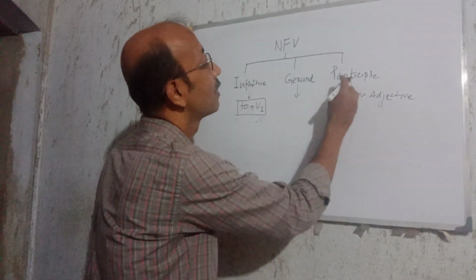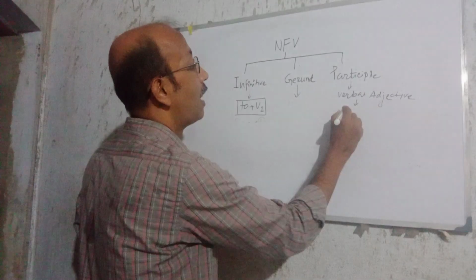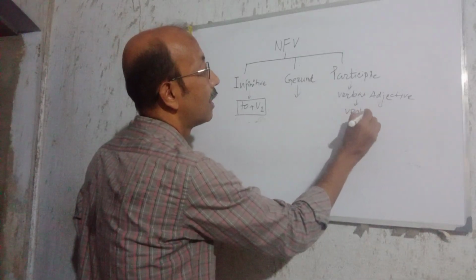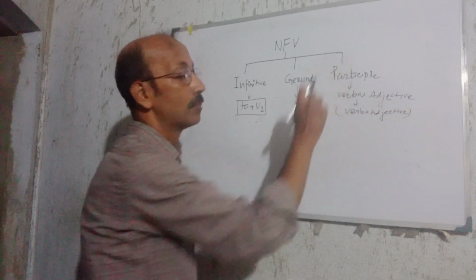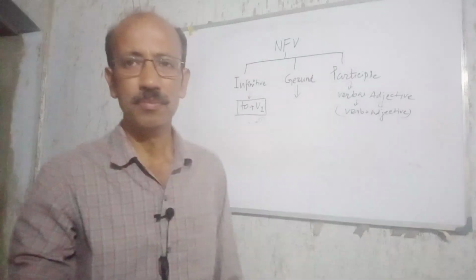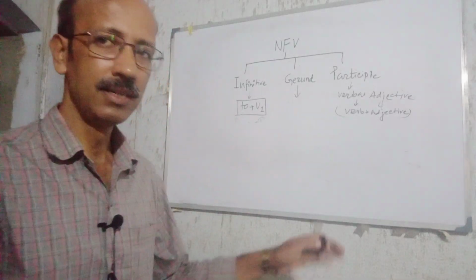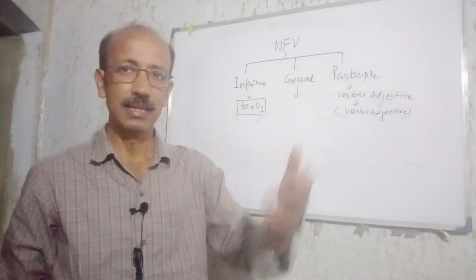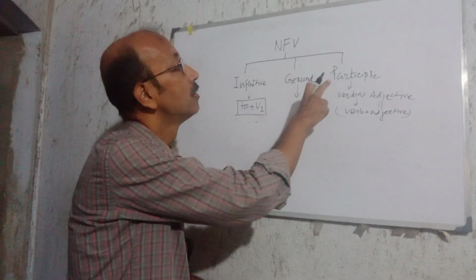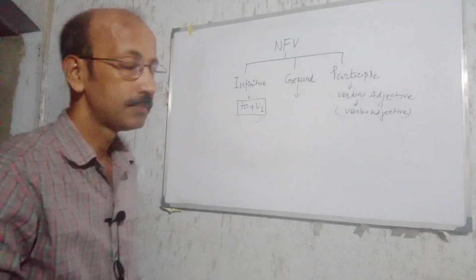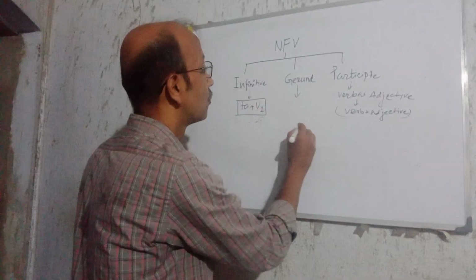It means it is a verb but does the work of an adjective. Participles are of three kinds: present participle, past participle and perfect participle. I will discuss all these in detail in later videos. But now, as I told you, the participle works as an adjective.